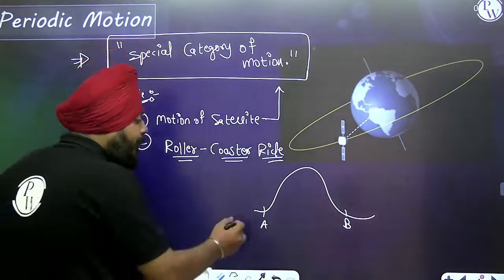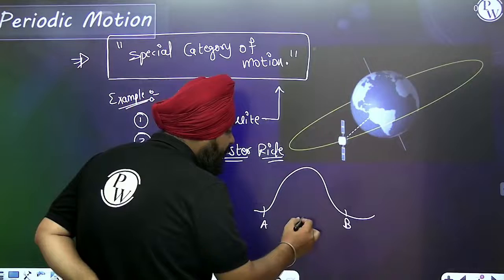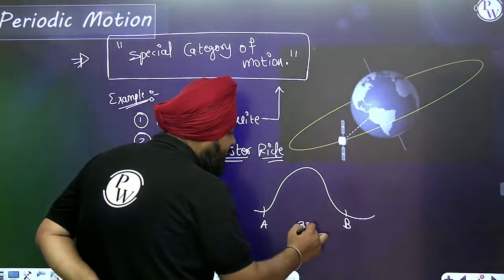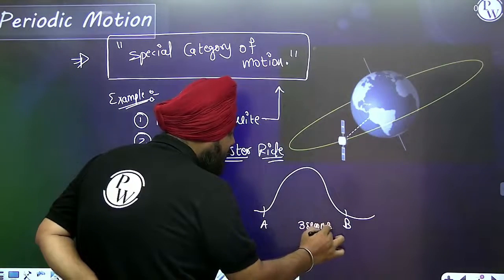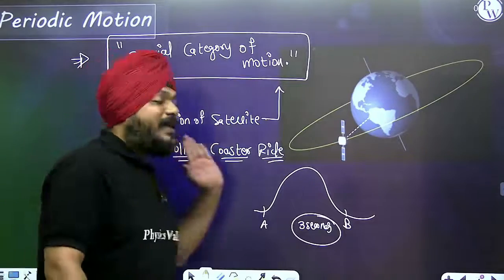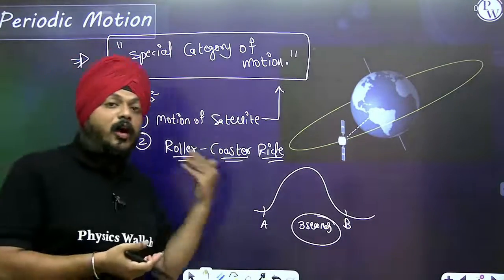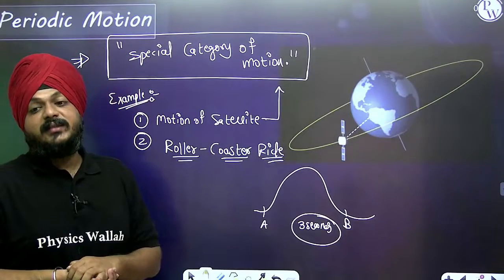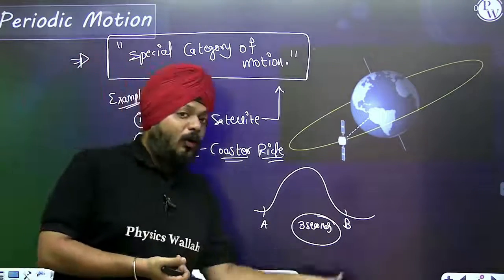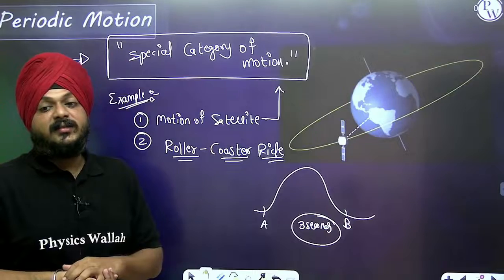When the coaster moves between A and B, the first time it takes 3 seconds. In the second round also it takes 3 seconds. In the third round also 3 seconds, and in the fourth round also 3 seconds.